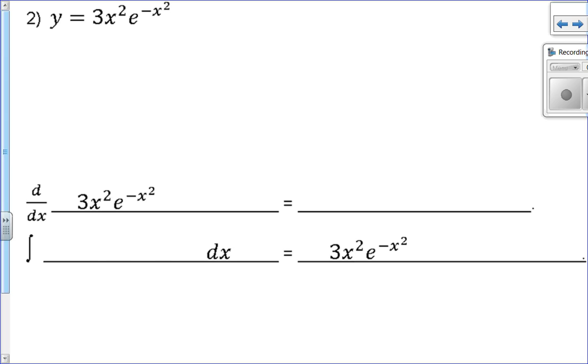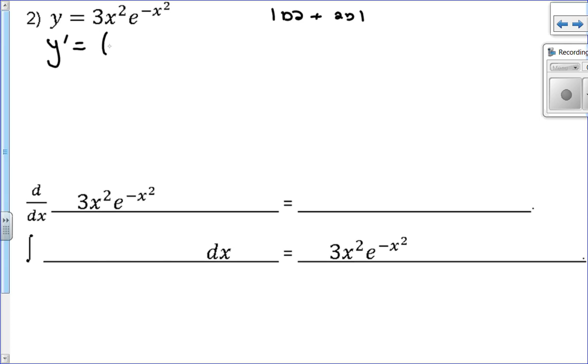Okay, in my next example, I have a product, 3x squared e to the negative x squared. To take the derivative, I'm going to use my product rule. That's 1 d2 plus 2 d1.